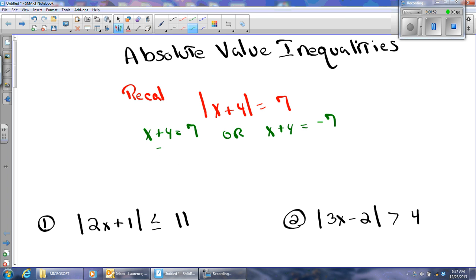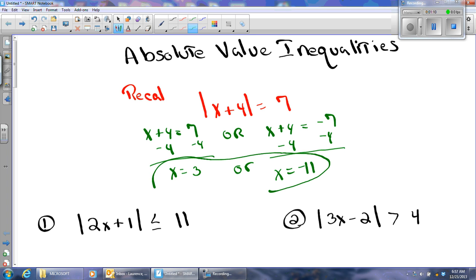And then we find the two numbers by solving the two different linear equations. So we get x is equal to 3, or minus 4 minus 4, and then we get x equals negative 11. Okay, so yeah, that's right.